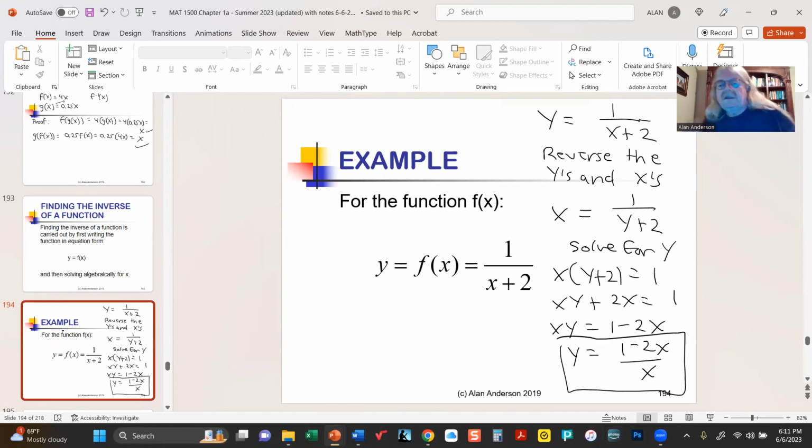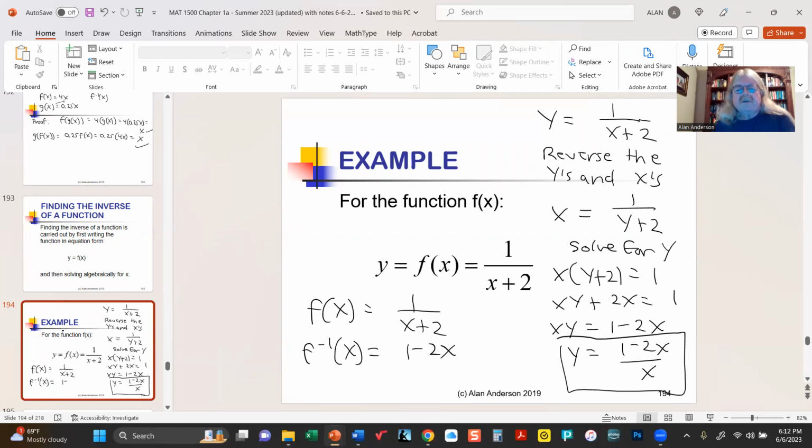That's your inverse. Oh my God, that was so strange. Reverse the x's and y's and solve for y. So in other words, if f of x is 1 over x plus 2, the inverse of x must be 1 minus 2x over x. And now we're going to get some practice by proving it.